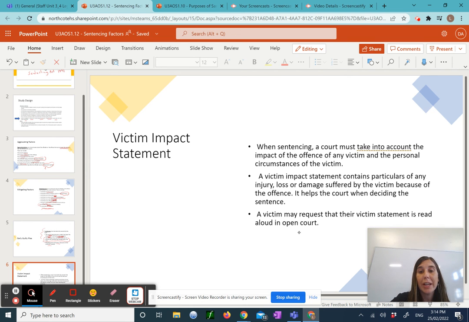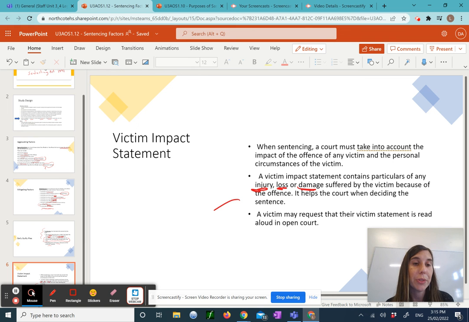This might include injury, have they lost a leg, have they lost money or damage, are they suffering from emotional trauma? For example, psychological trauma, do they need to go to counselling? So usually the victim can request that their victim impact statement is also read out loud in court to make it more impactful. But normally the judge will read that and take that into consideration.